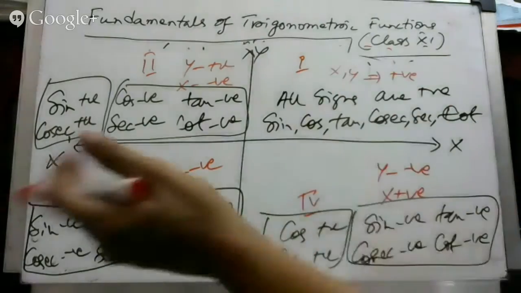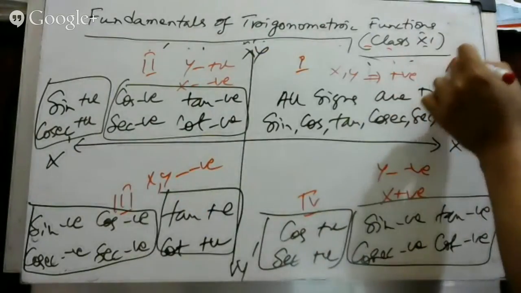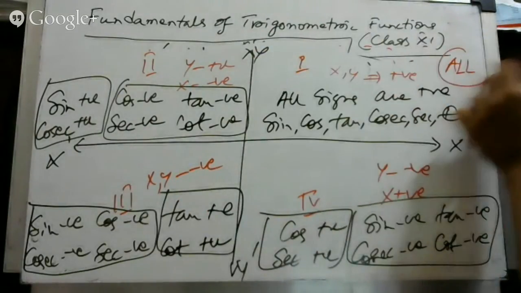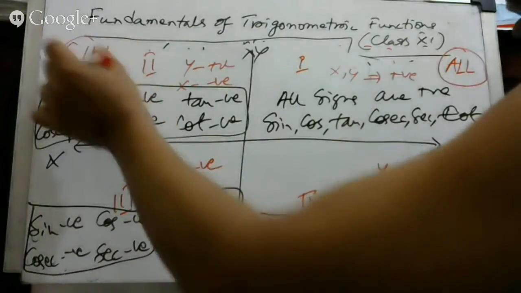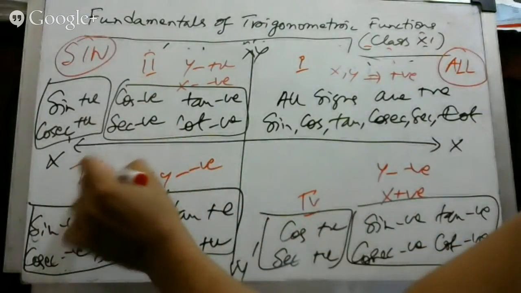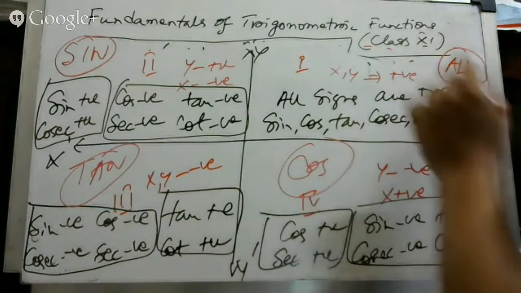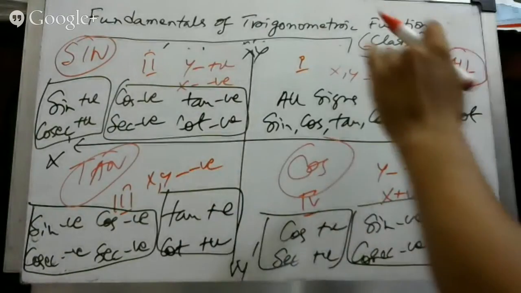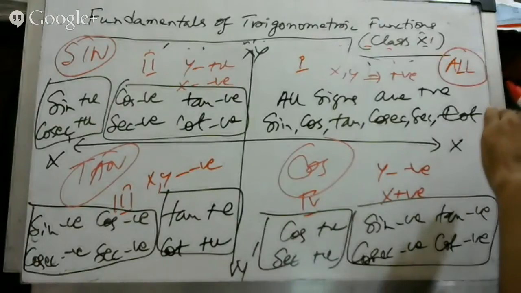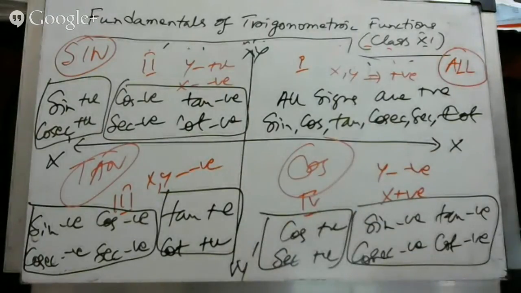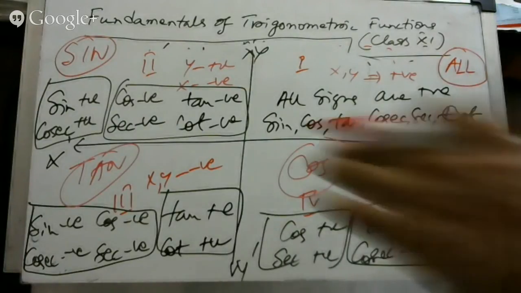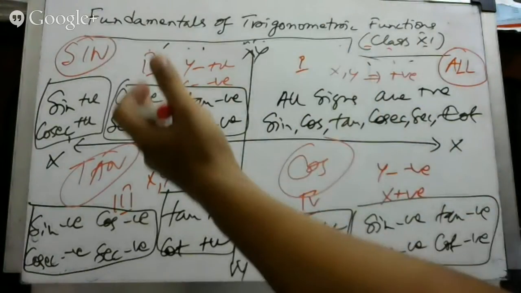So the way we need to remember is: first quadrant is called all, second quadrant is called sine, third quadrant is called tan, and fourth is called cos. So all sine, tan, cos, which means in the first quadrant all signs are positive. In the second quadrant, we have sine as positive and rest all negative.